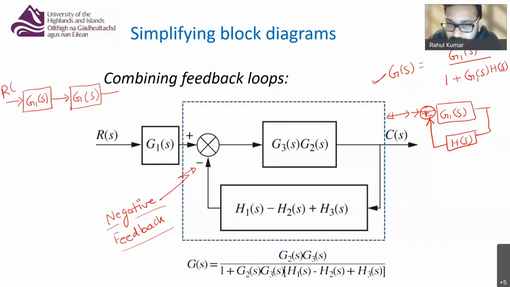So I will get this type of block after this step. Now what you can see is these two blocks are connected in series. When blocks are connected in series, the two blocks can be replaced by their equivalent transfer function. Let's call that G dash, and G dash will be G1 of S multiplied by G of S.